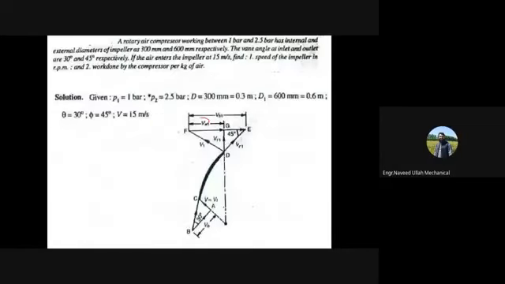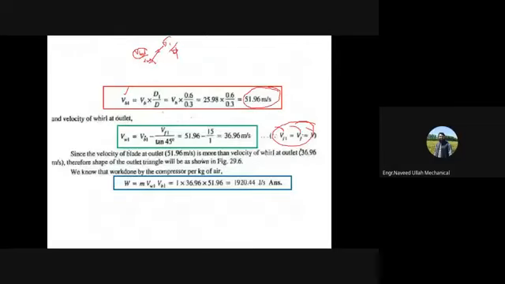So from here you can find out VB1 minus this value, or if you see here, you can find out the value from here also, just playing with that triangle. You can find out that it comes out to be 36.9 meter per second.